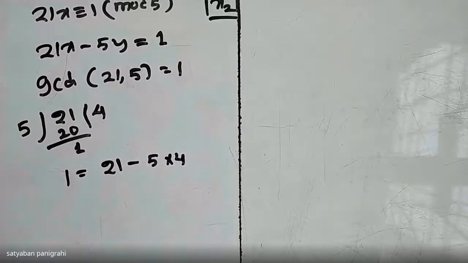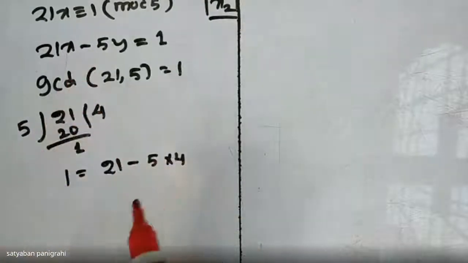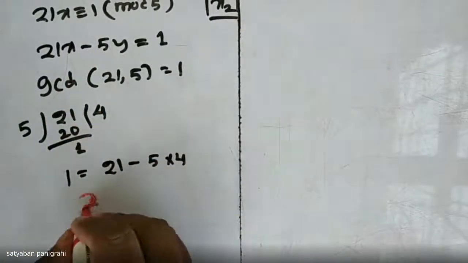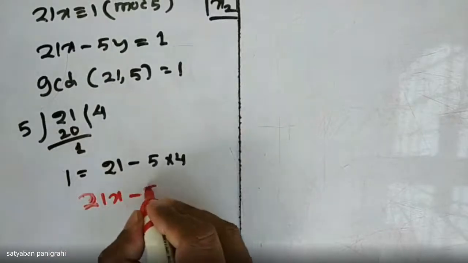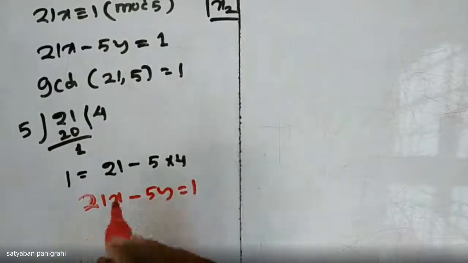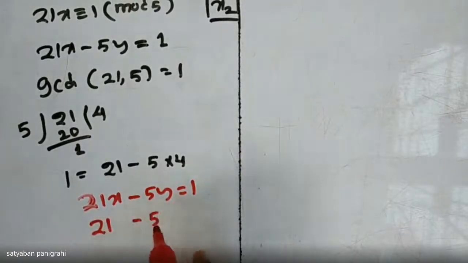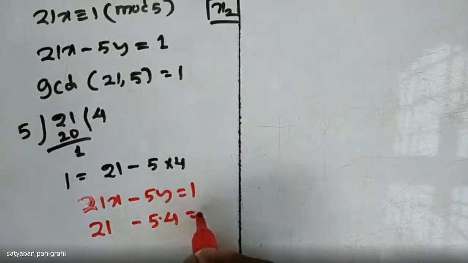Now compare 21x minus 5y equal to 1 with 21 minus 5 into 4 equal to 1.